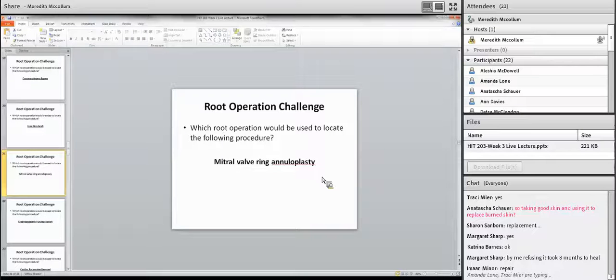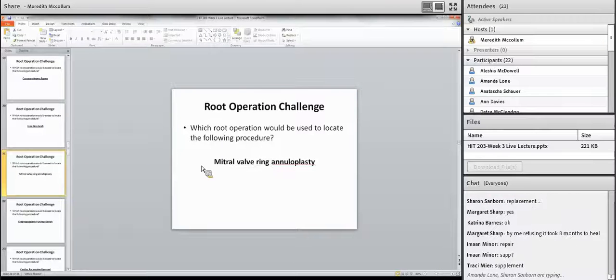What this annuloplasty is going to do is take the place of this mitral valve. It is supplement. That is correct. It's taking the place of.